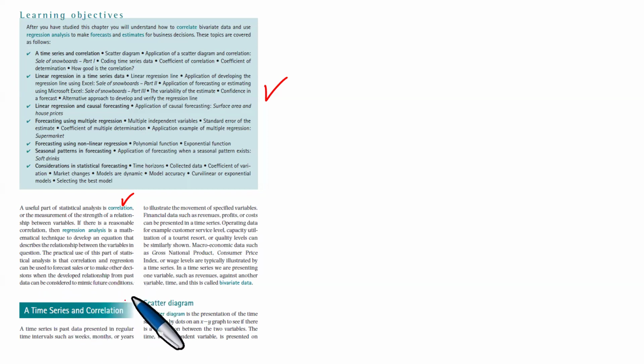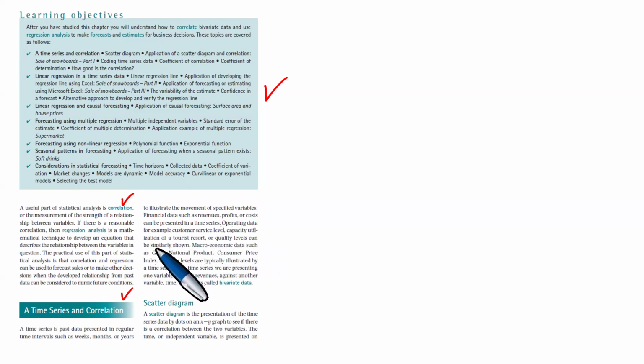Okay, but now we shall be looking at the idea of a time series correlation. And a time series is nothing other than what? It is past data presented in regular time intervals, such as weeks, months, or years, to illustrate the movement of specified variables.